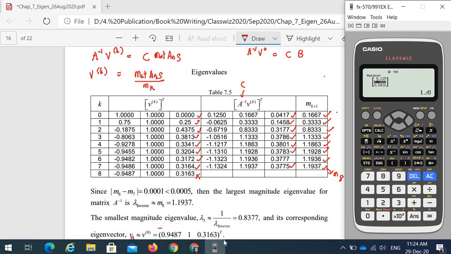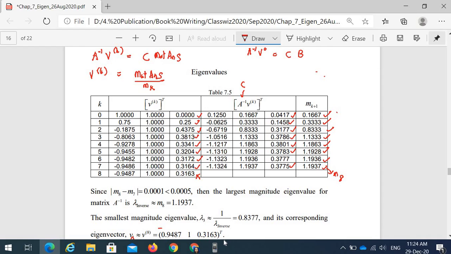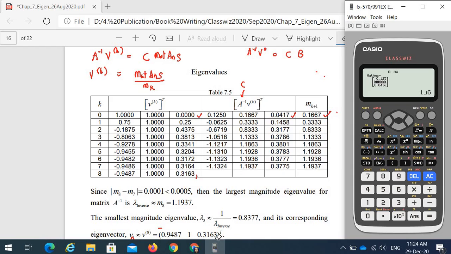Okay, to get V number 1, we find the answer a bit different. So to get this one, we see the answer. If I divide by 1 over 6, it is actually times 6.